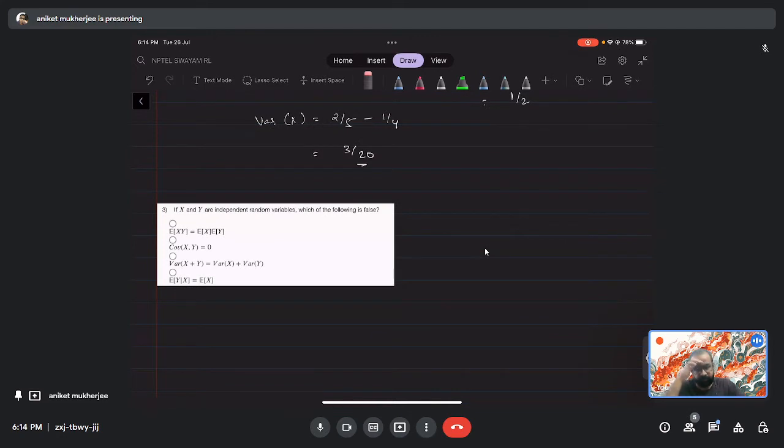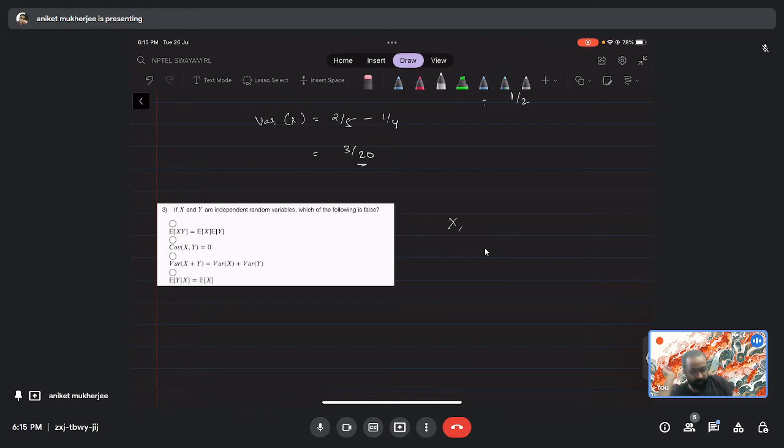The third problem is a fairly simple problem because it depends on the properties of when x and y are independent random variables. So I'll just give you a definition of when x and y are independent.